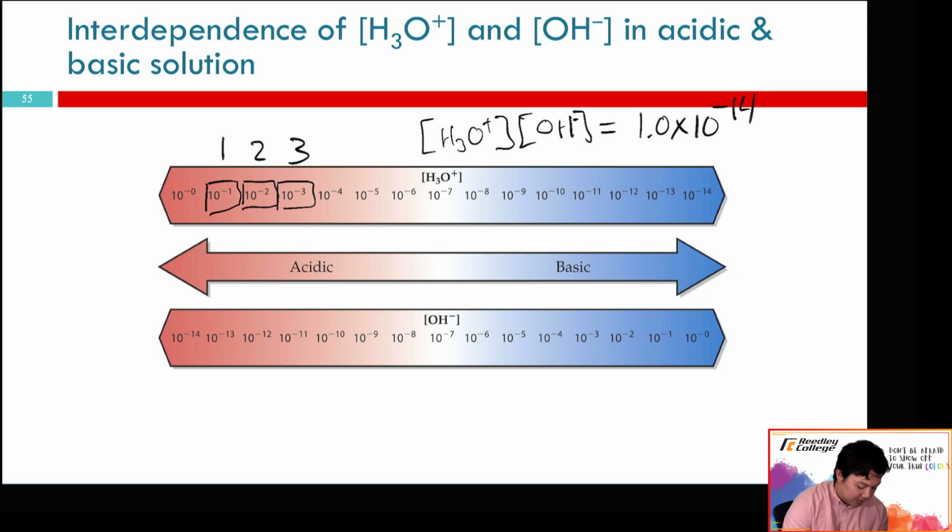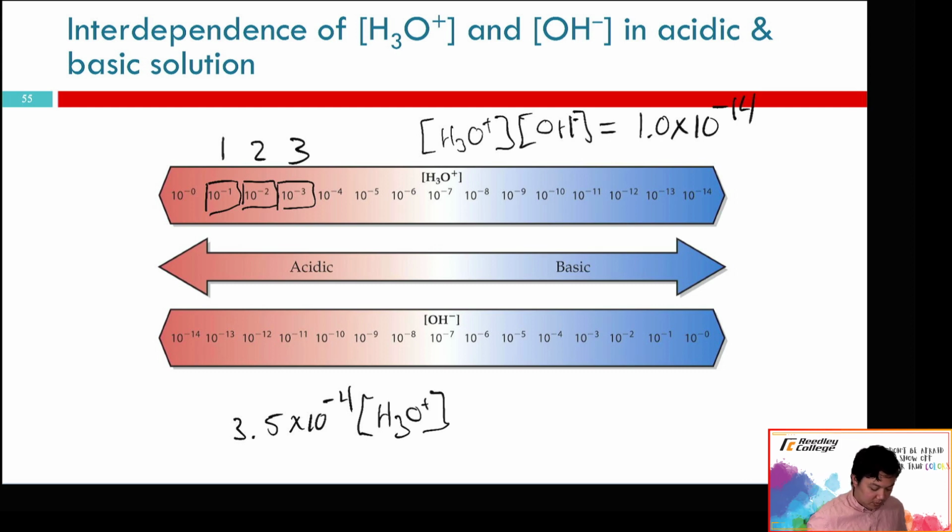If we get something like 3.5 times 10 to the negative 4 as our H3O plus, that's what you're going to want to type into your calculator. But what you're going to type is just log. It's not going to say base 10. Your calculator might have an option to change the base, but if you just use the log, that's going to be your log.